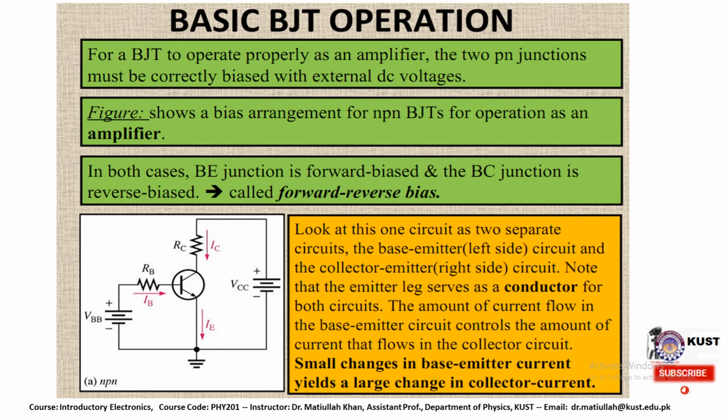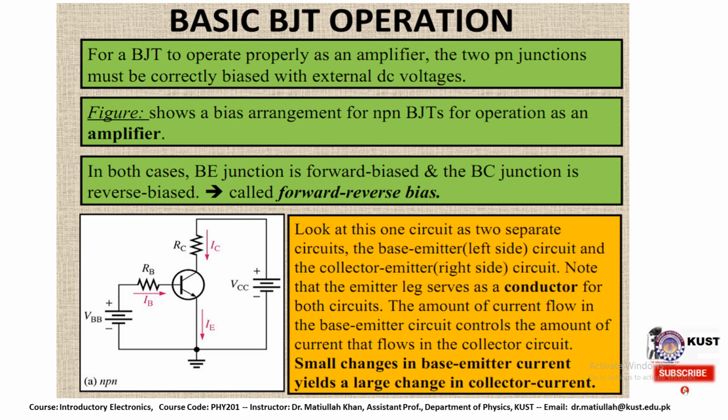How does this BJT operate when it is used in circuits? In this slide we will basically discuss the operation of the bipolar junction transistor. For a simple BJT to operate properly as an amplifier, we have already discussed that there are two PN junctions in a BJT. These two PN junctions must be correctly biased with an external DC voltage.